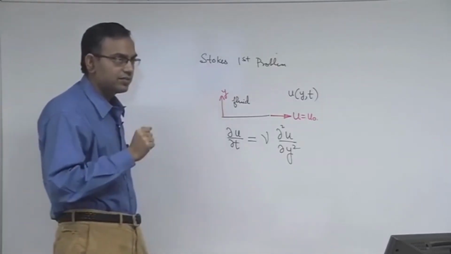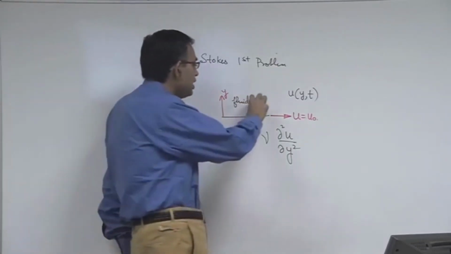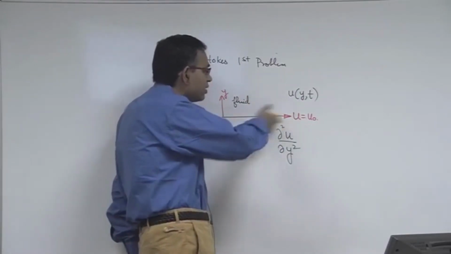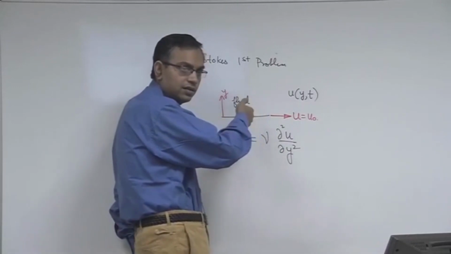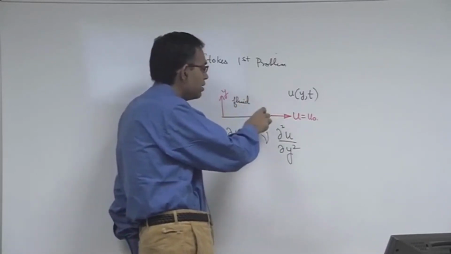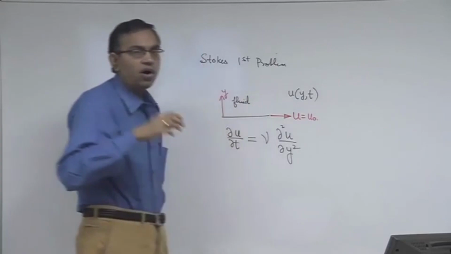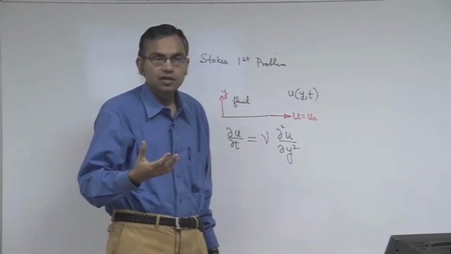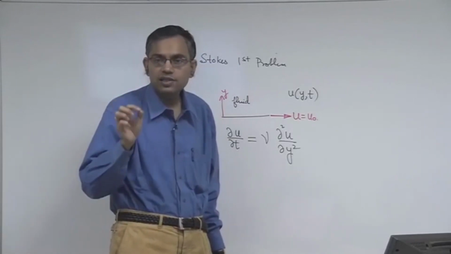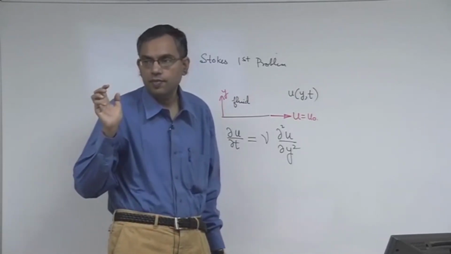Length scale means the distance up to which the effect of the movement of this plate will be felt. So, the question is, on which factor is that distance related? One of the critical factors is time.